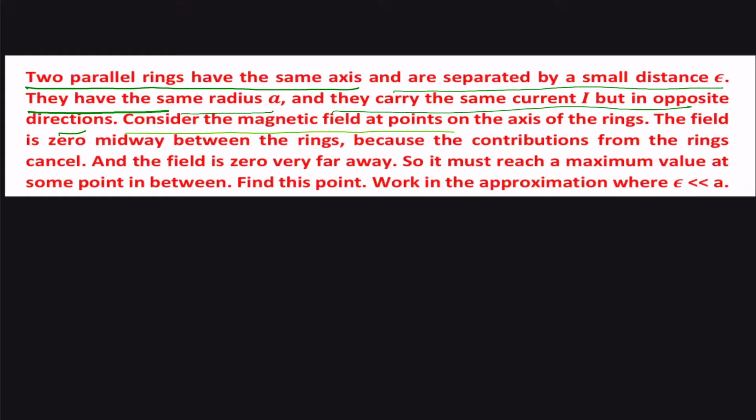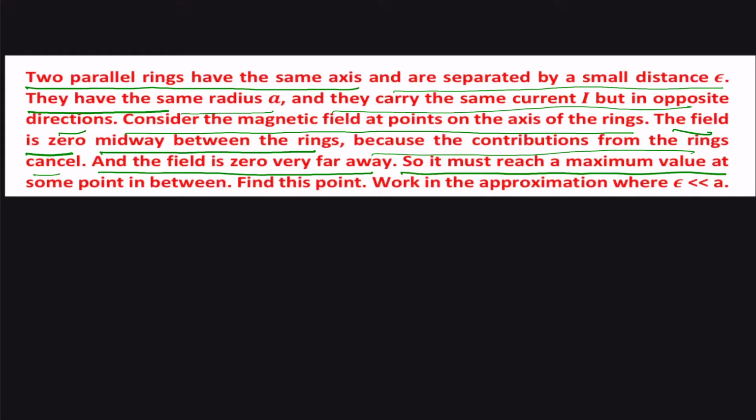Consider the magnetic field at the points on the axis of the ring. The field is 0 midway between the rings because of the contribution from each ring cancels, and the field is 0 very far away. So it must reach a maximum value at some point in between. Find this point. Work in the approximation where epsilon is very much less than a.